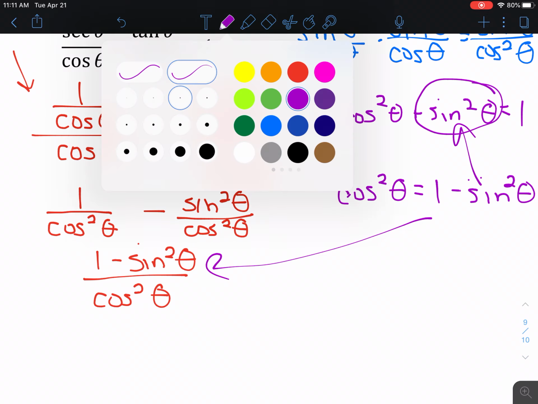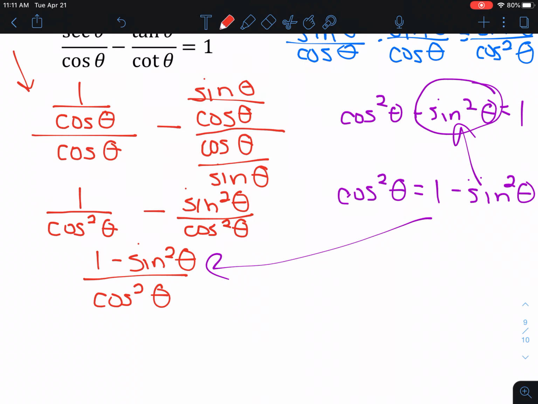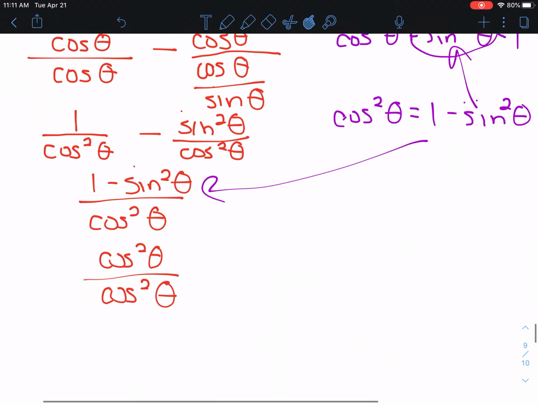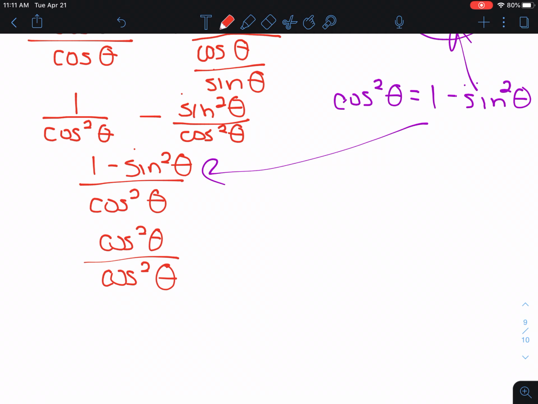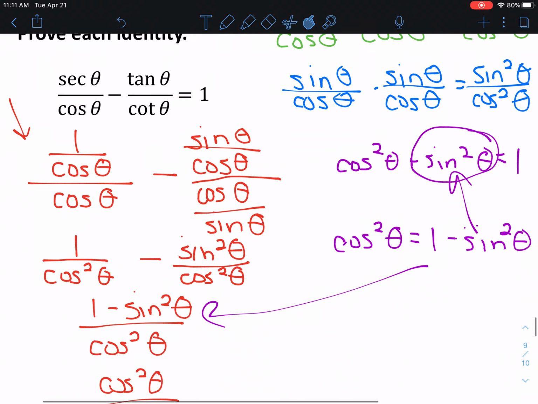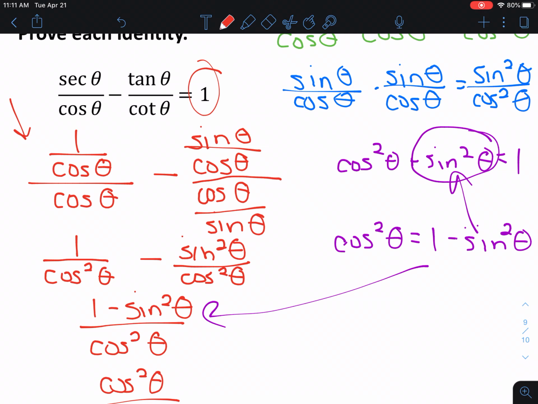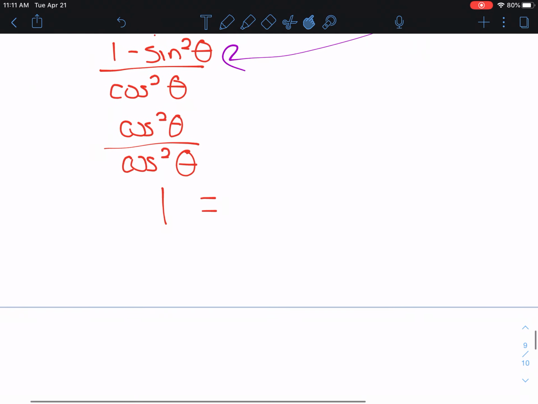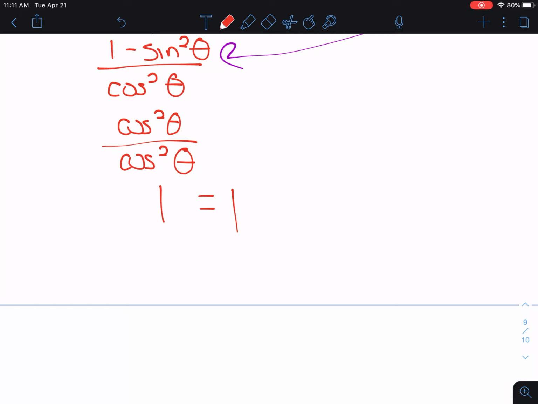The top is actually cosine squared theta, and the bottom is cosine squared theta. So now we know that that is 1, and that should equal the right side, which we set up here as 1. So I'm going to write that, and that's my answer.